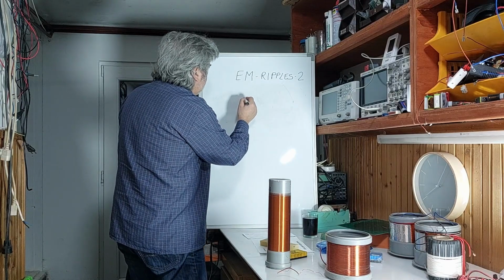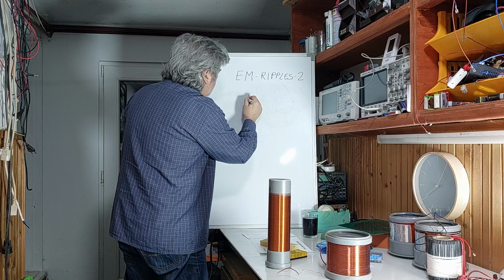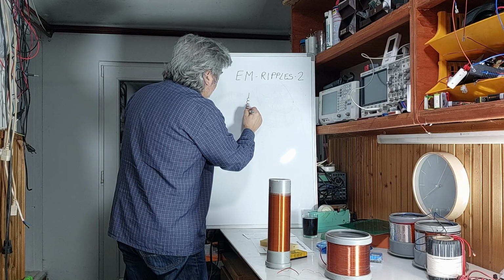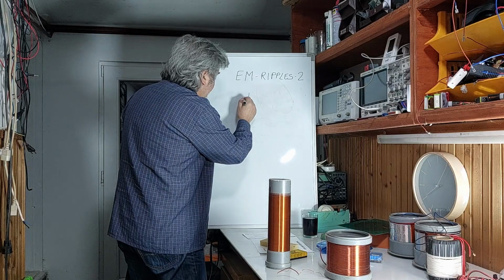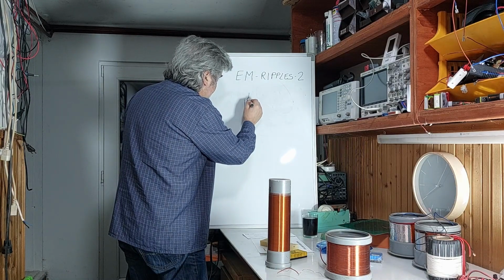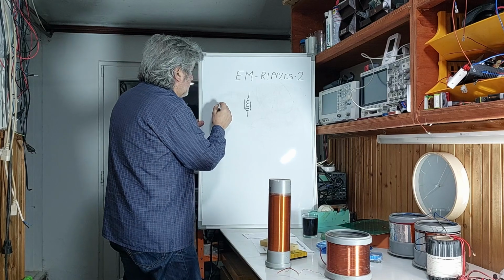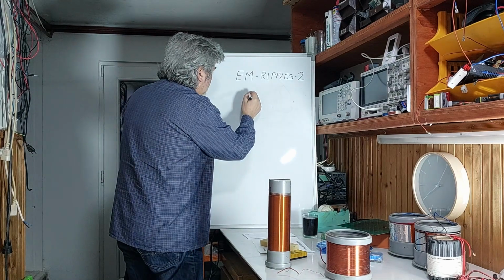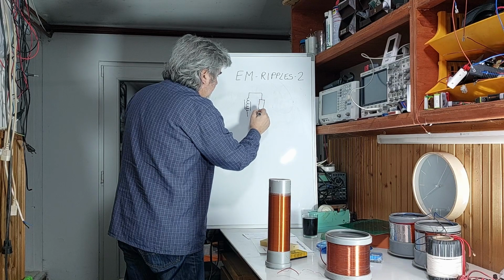So let's start like this. I have the coil, I have the plate, and another. And over here I will put two LED panels.